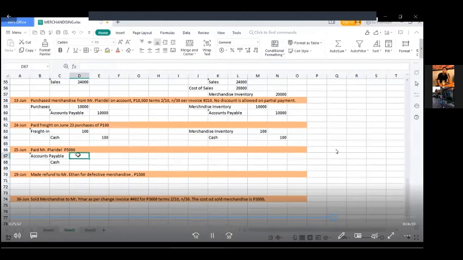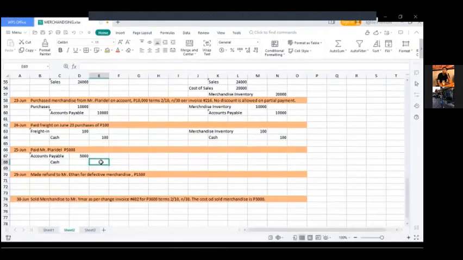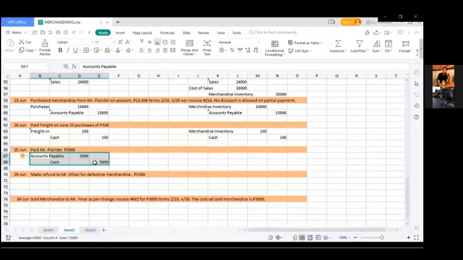Cash. Magkano? 5,000. So, pagdating sa perpetual inventory system, same lang yan. And noong June 29, nag-refund daw tayo kay Ethan for defective merchandise.